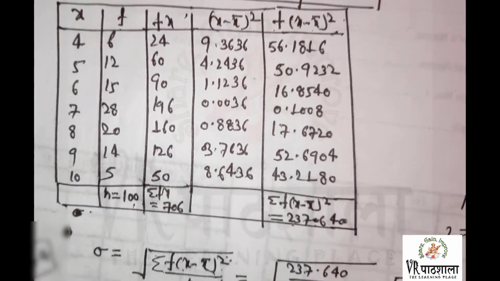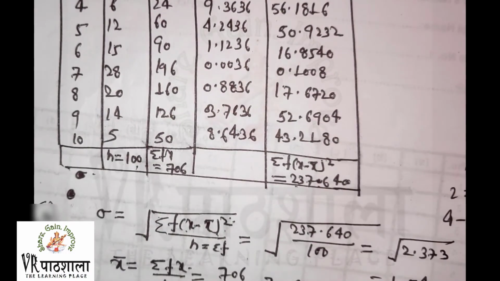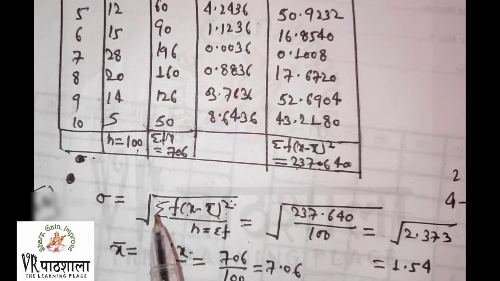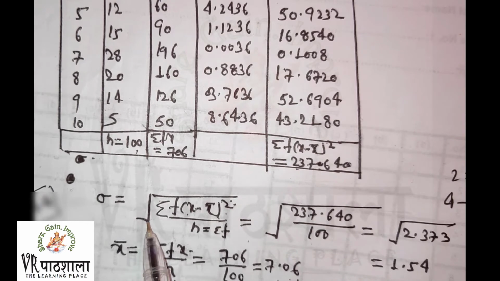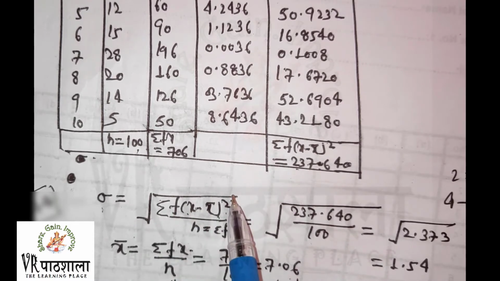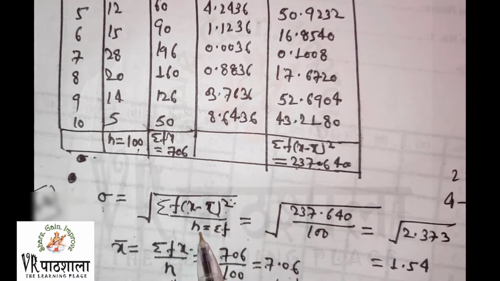Now for standard deviation, the direct method for grouped data: standard deviation equal to under root summation f into (x minus x bar) square upon n.